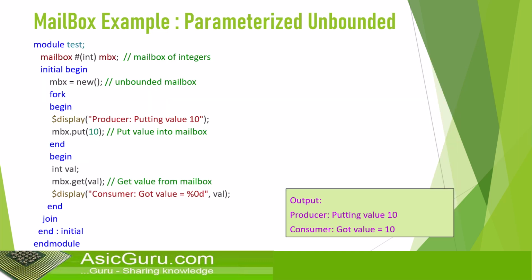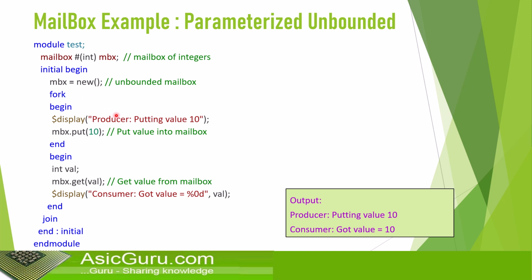Now let's understand a System Verilog example for parameterized unbounded mailbox. So here in this example, firstly we are declaring a mailbox of integers, means it can only hold integer data. Next we are creating an unbounded mailbox, means it has no size limit. Next we are using a fork join construct to simulate concurrent execution.